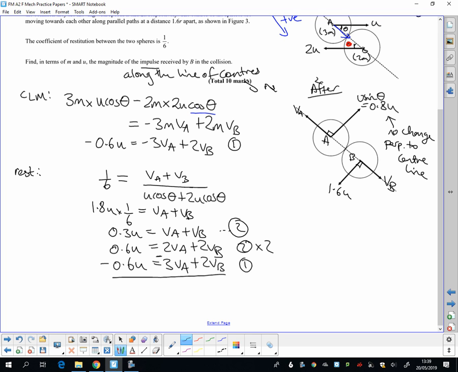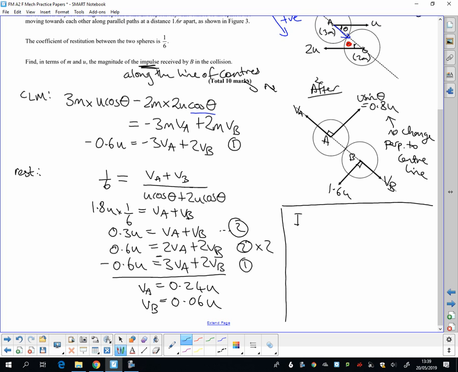So I can then solve them simultaneously and get velocity A, velocity B. Again, you don't actually need both of those because I'm trying to find just the impulse. So I actually need one of those, but it doesn't take long just to solve for both. And it also means you could then check your answer if you wanted to.